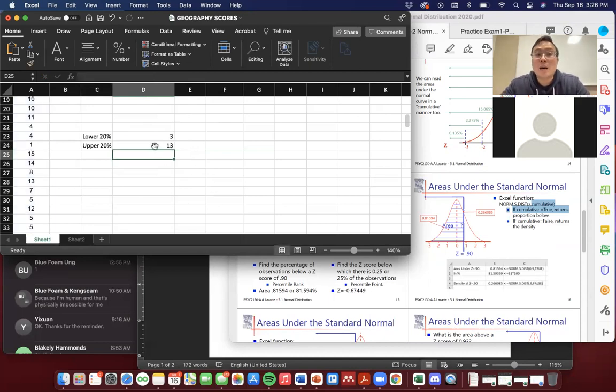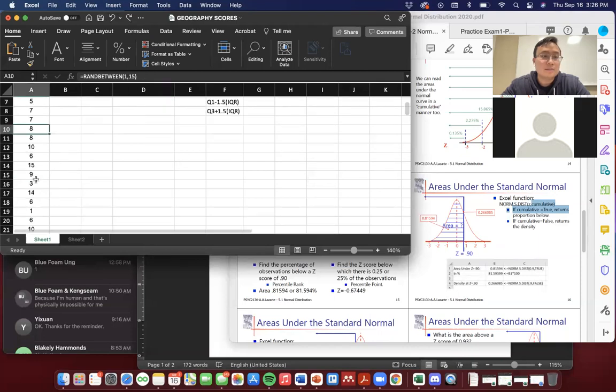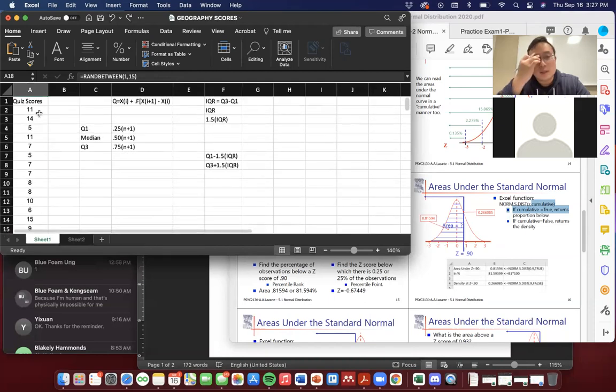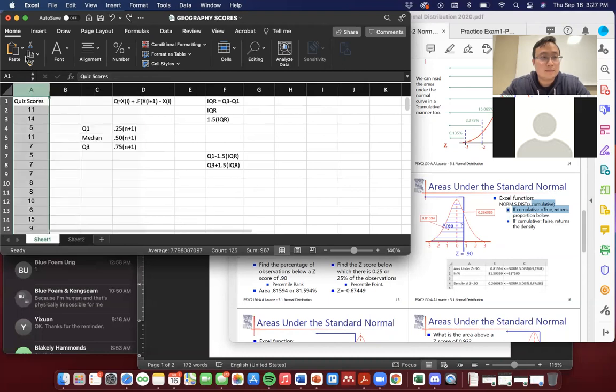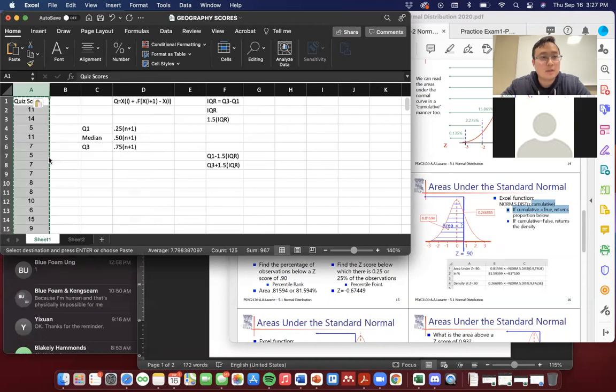Okay. So the upper 20% is everything. Okay. Every time I reset it, it resets the randomization. So let me paste only values. There.